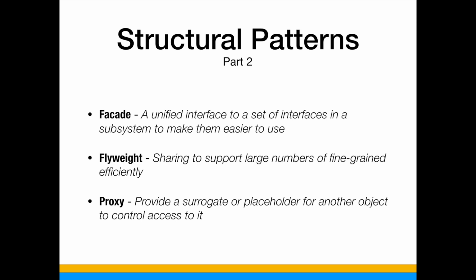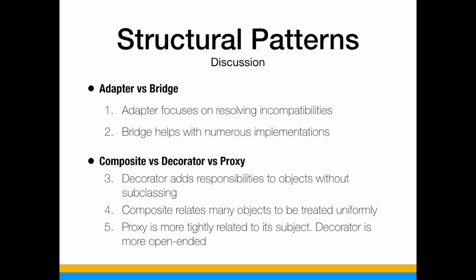The flyweight, which shares to support large numbers of fine-grained objects efficiently. The proxy, which provides a placeholder for another object to control it. This is really common in networking, and we're going to also discuss it ahead.